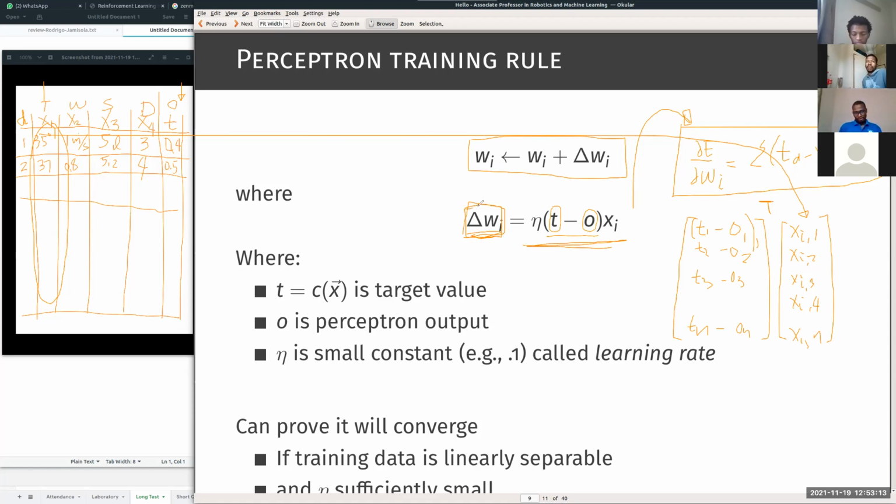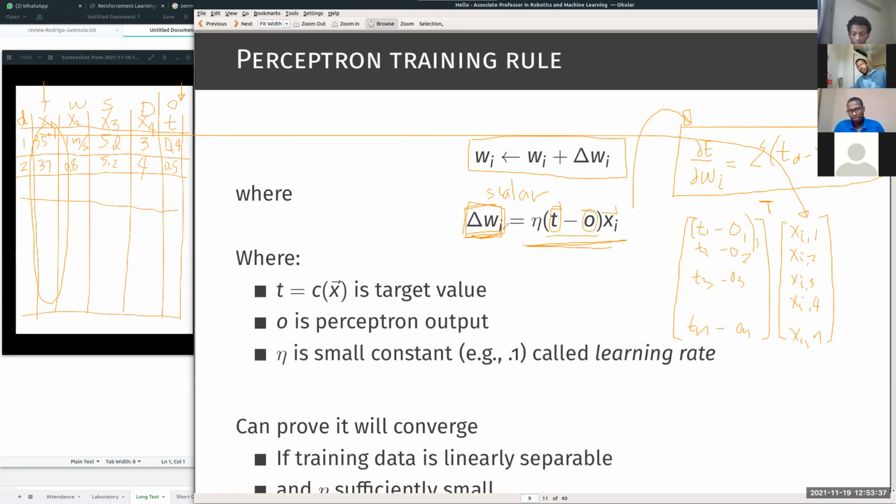This is not a vector. This is a scalar value. That's the one that confuses me. Yes, this is a scalar value, because when you sum that one, it results in a scalar value. So this is scalar, but these are vectors.